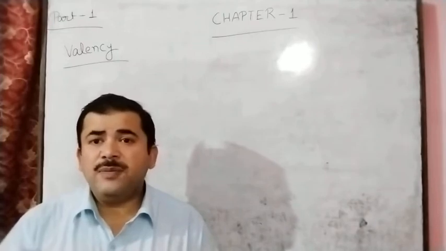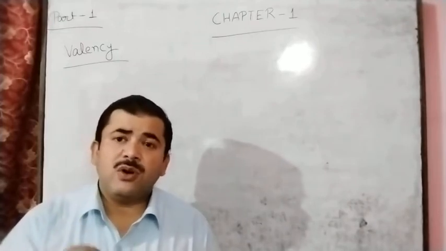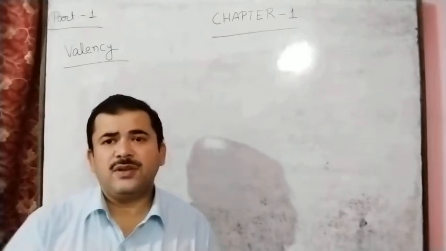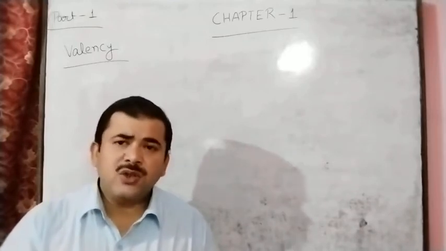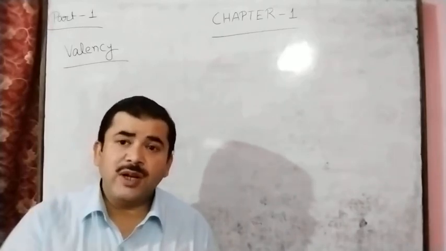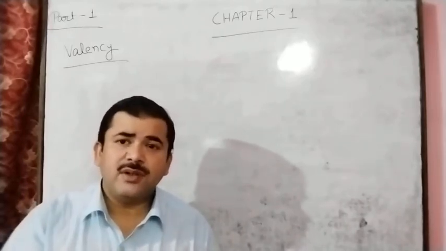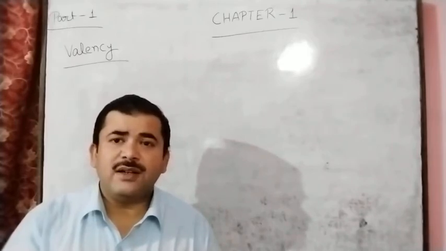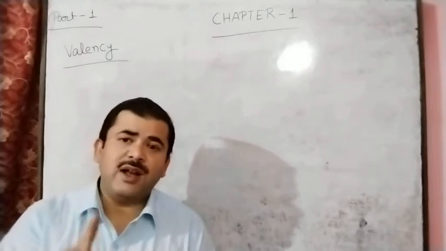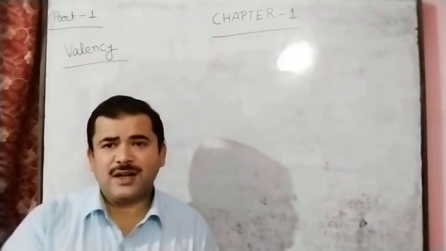So if we see the hydrogen atom, it has only one electron. Addition of hydrogen atoms means how many hydrogen atoms are added, which represents how many electrons are added, because one hydrogen atom has one electron.